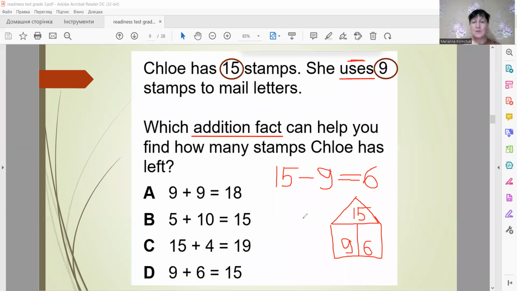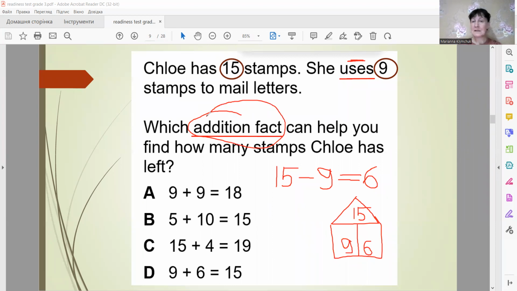What does it mean? If you have a minus equation, you have an opposite plus equation. Now we need to find that addition fact, opposite plus, okay? And we are looking for the numbers from the same house. We are looking for the numbers 15, 9, and 6.